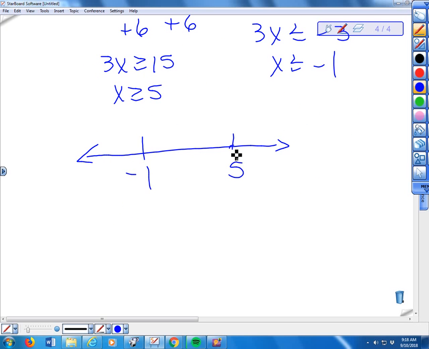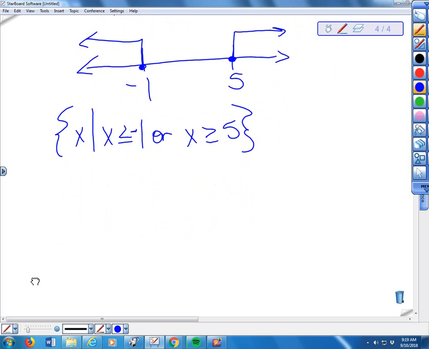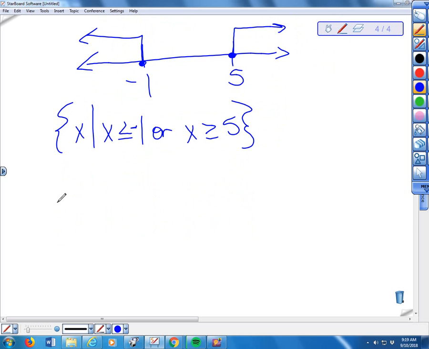So it's greater than or equal to 5, and it's less than or equal to -1. And or? Good. Okay, so I could write this as x is less than or equal to -1, or x is greater than or equal to 5. That's set builder. Interval notation would be what? Bracket -1. Wait. Start left. What's the very first number on the left?